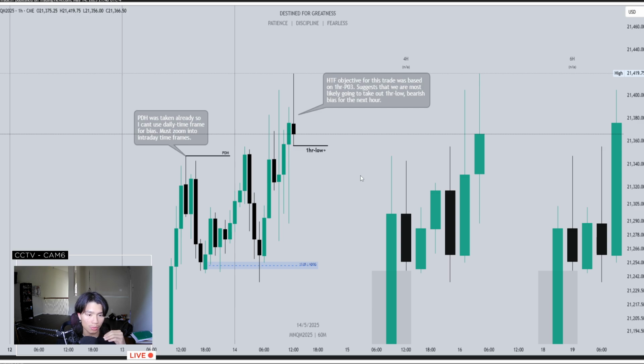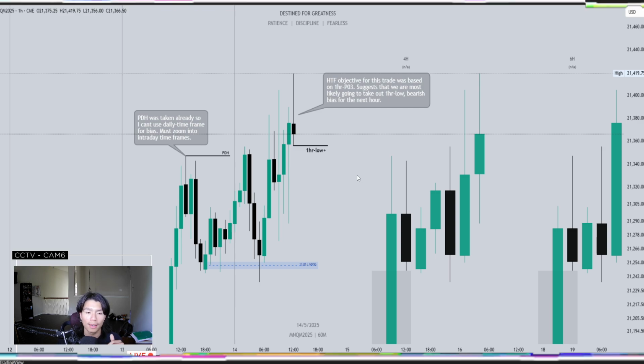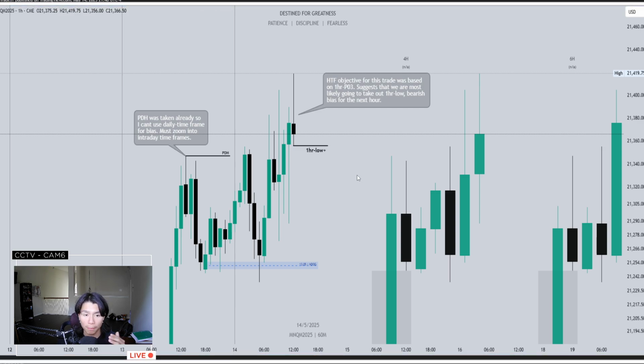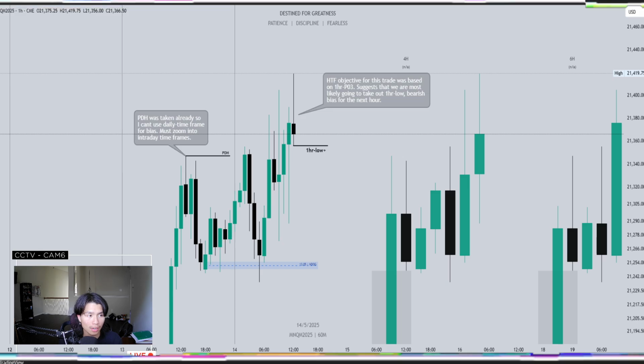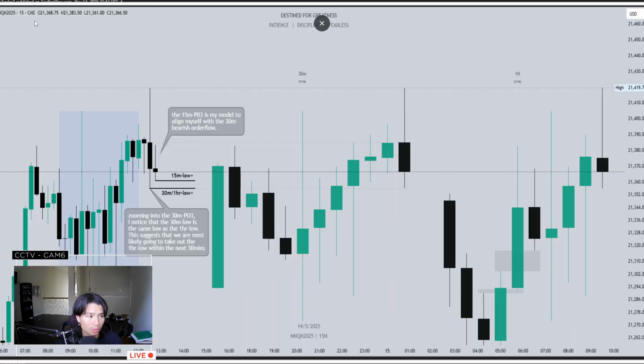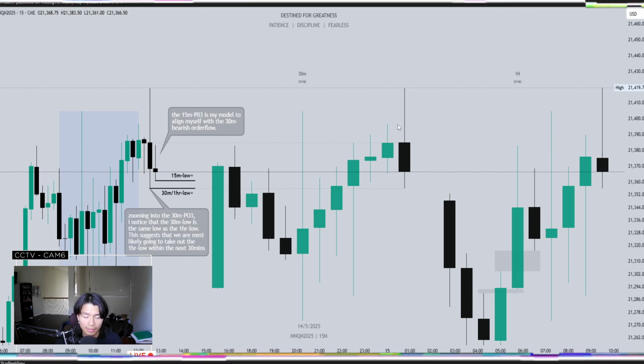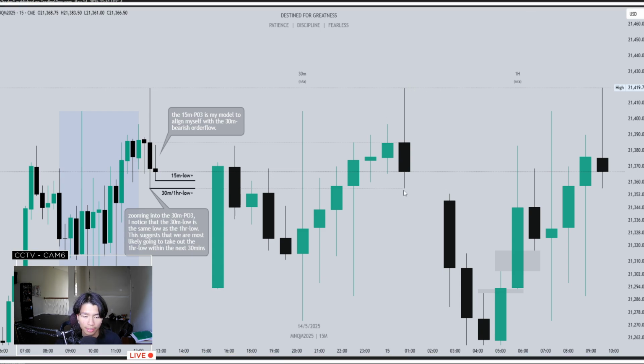So to zoom in just a little bit, like I said, I'm going to now find a model that aligns me with the bearish hourly order flow. So going from the hourly time frame, I zoom into the 15-minute time frame. This is going to be a little bit confusing, but this is an indicator that I have on my chart.